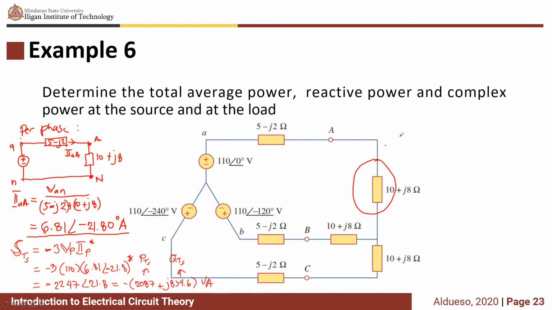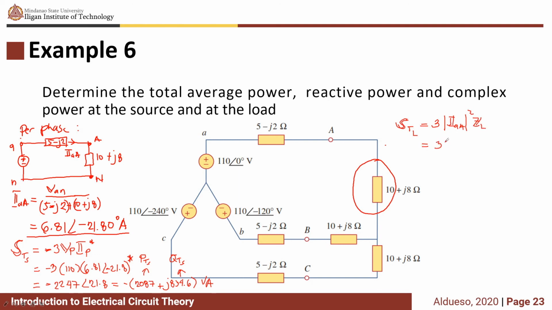Now at the load, to get the power of the load, you can get the value by using the line current or phase current IAA and the load impedance. So we have 3 times the magnitude of IAA squared times the load impedance.